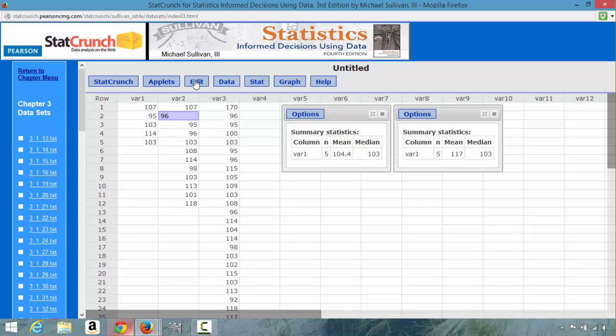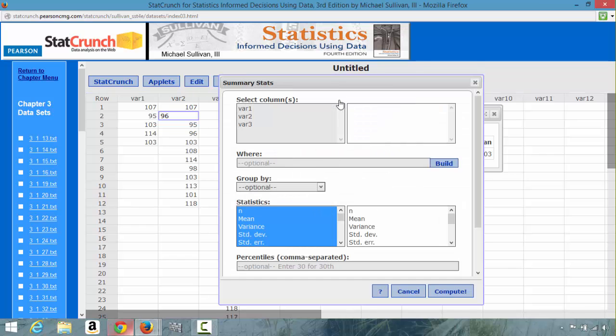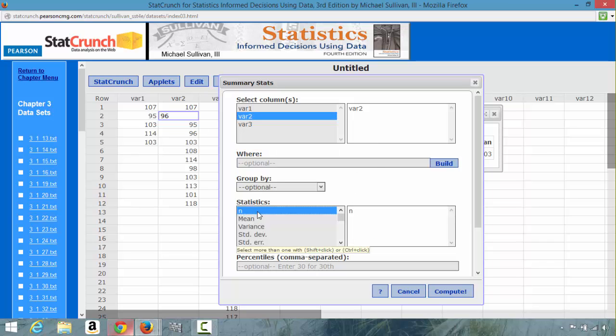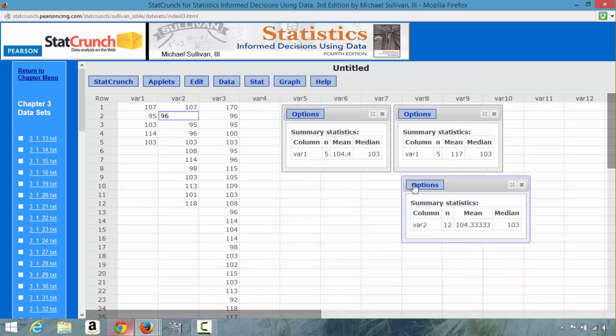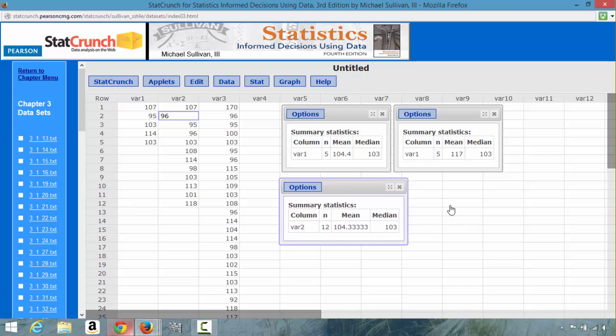Okay. So you go to Start, Summary Stats, Columns, variable 2 in this case. Sample size, mean, median. You see this, and then we change this to 170.